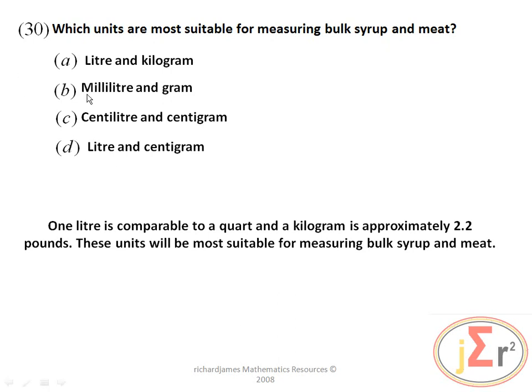Of course, milliliter and gram, those are very small. Centiliter and centigrams, those are small also. But of course, we would not use a liter along with centigram, although liter may be used. So the correct answer is option A.